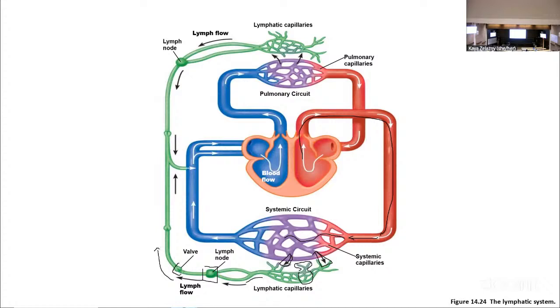And like in the veins, we've got some valves to make sure that this flow is still unidirectional. So you can see here the connection to the veins happening right before we head into the right atrium and head into the heart. So we've now got that fluid back, so we don't have dropping blood volume over the course of the day.